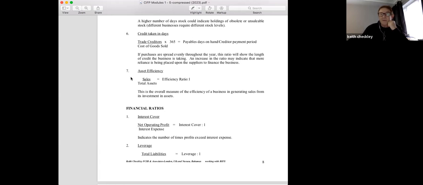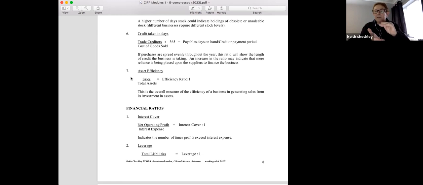What it does is it takes all of the sales in the business. In this business, I think we had approximately 900,000 of sales. And then it takes all of the assets, so not just the current assets or the fixed assets, but all the assets in the balance sheet, the total investment of the business in assets.